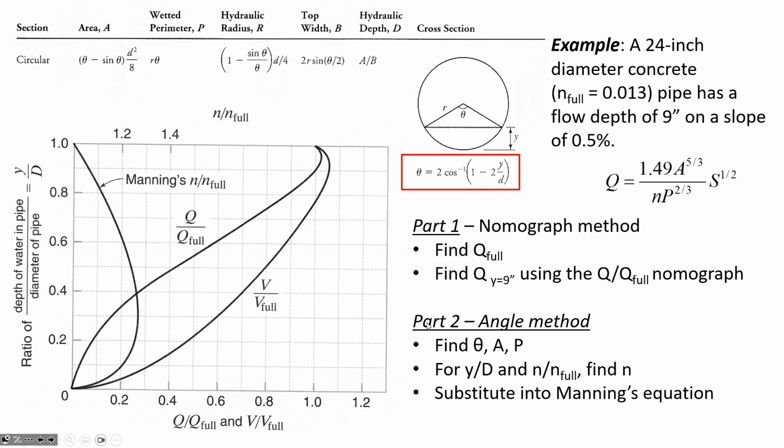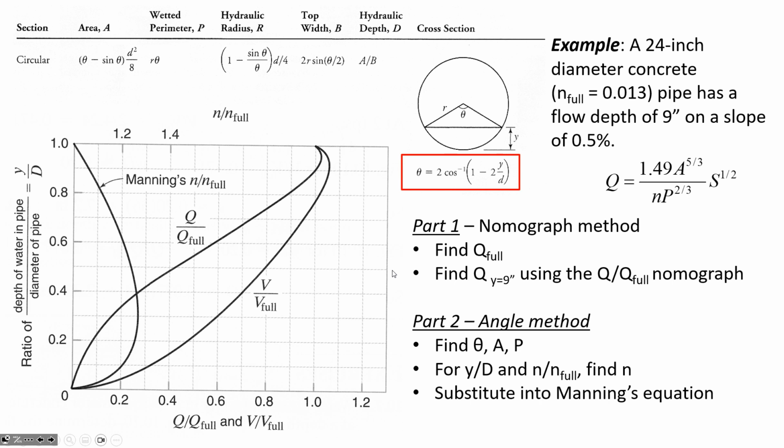The second way is using all of these crazy angle methods. We'll solve for theta, then solve for the area as a function of theta, solve for the wetted perimeter as a function of theta, and then substitute all of those into Manning's equation.